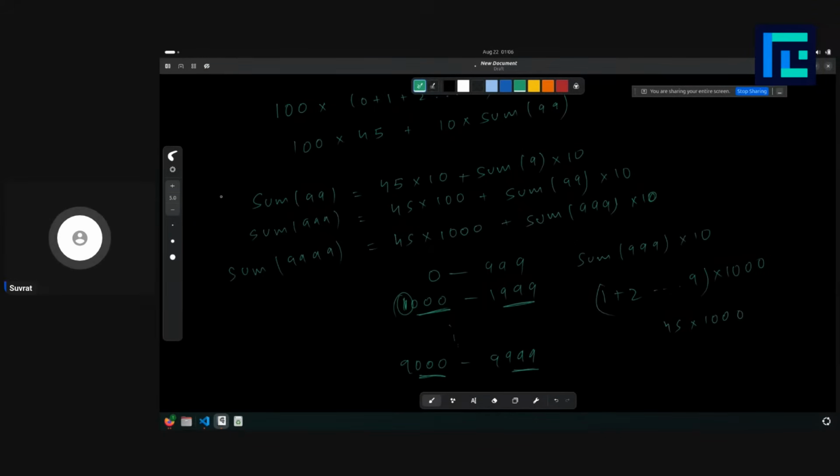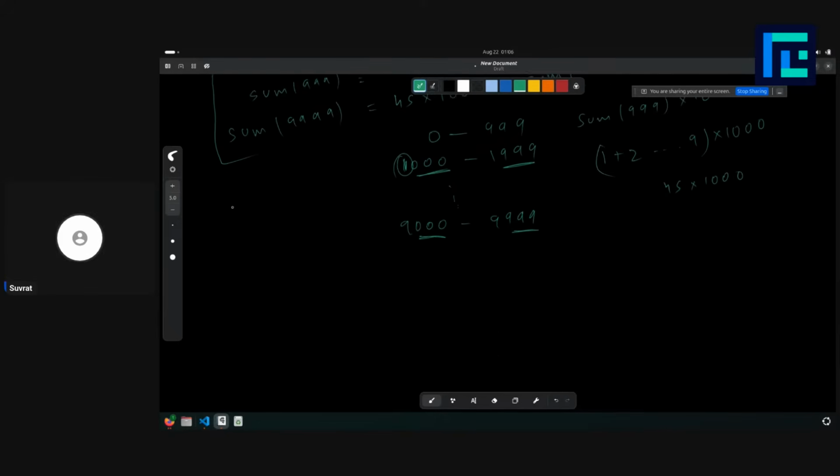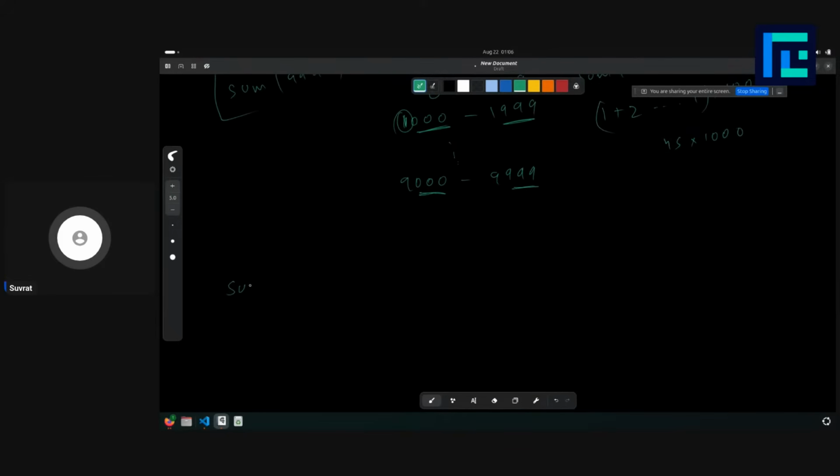So similarly, we get this relation. So I can write this as sum of 10 to the power d minus 1 is equal to sum of 10 to the power d minus 1 into 10 plus 45 into 10 to the power d minus 1.